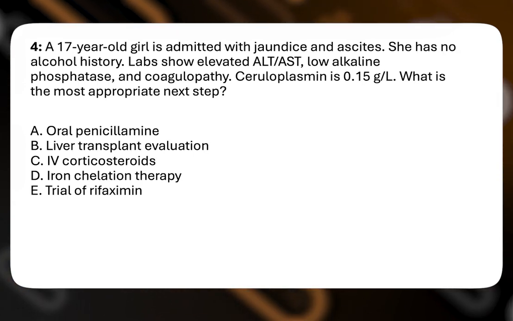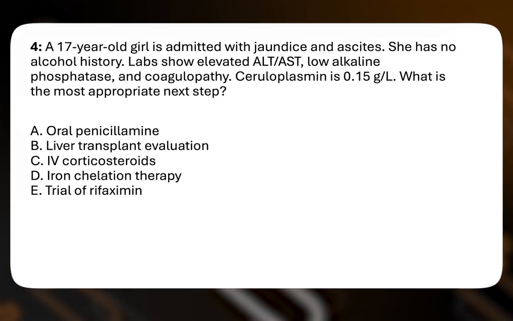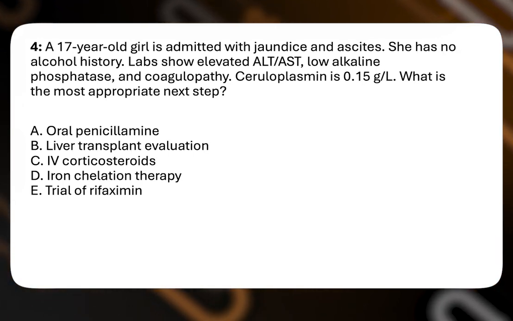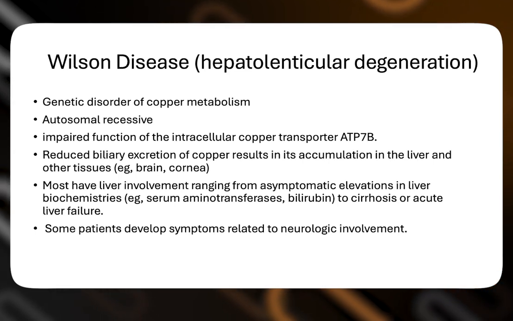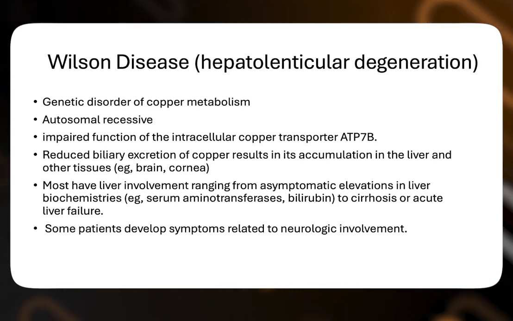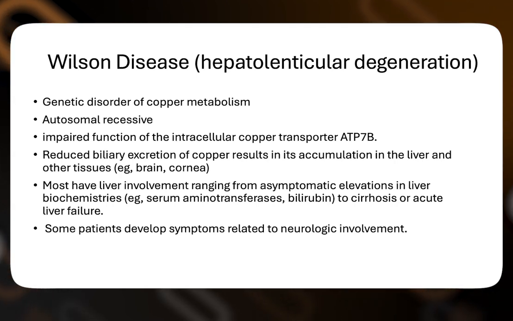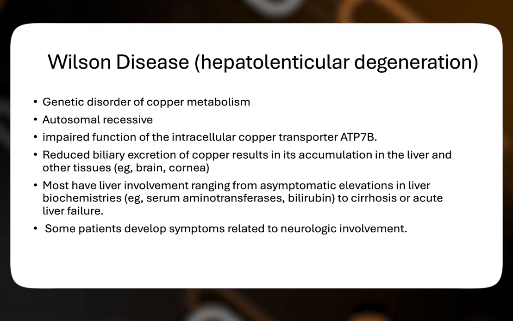I think by this time, from the questions, you must have guessed that the first topic we will discuss is Wilson disease. This is a very common topic you must know, and it is also a topic in the exam.